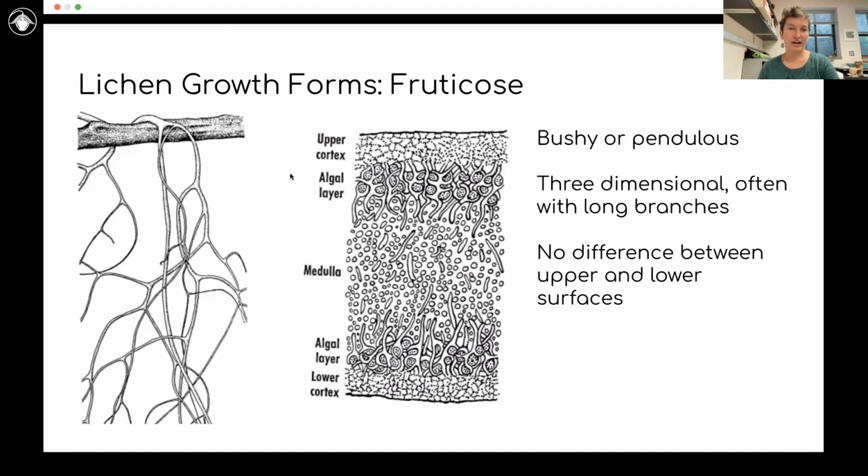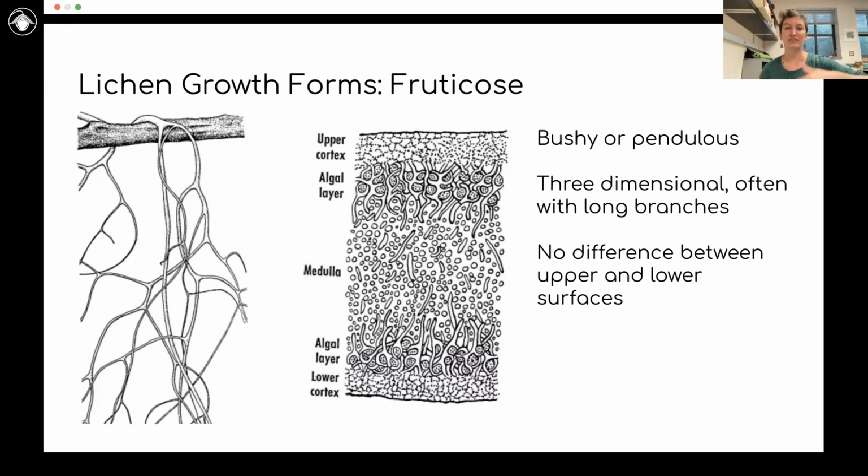So again, the structure of this looks relatively similar to a foliose, where you have your upper cortex, algal layer, medullary layer, but then because it's the same on all sides, there can be some exceptions because lichens are lichens. There's always some exception to the rule, but generally they're the same on all sides.